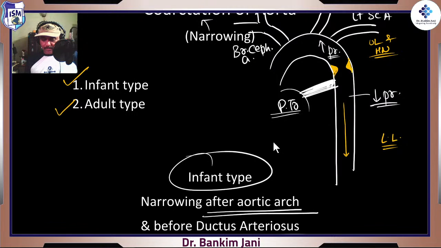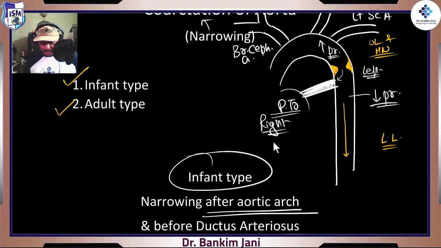Pulmonary trunk, right? This means this is the right side of the heart. Aorta, it is the left side of the heart. So over here, it is left to right shunt, right? So the blood would start going from left to right.